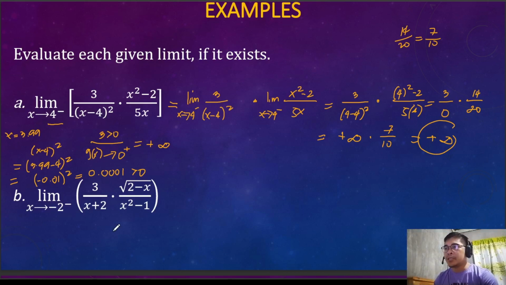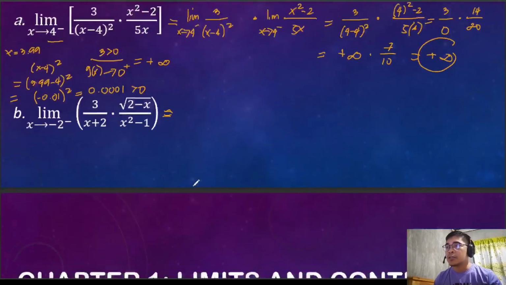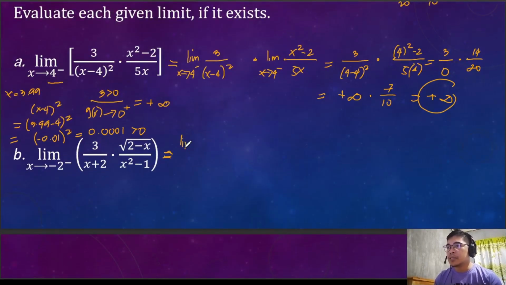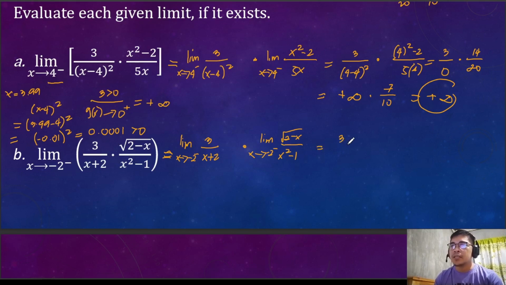Now for letter B, same thing we will do: find the limit. So the limit of 3 over x plus 2 as x approaches negative 2 from the left, times the limit of square root of 2 minus x over x squared minus 1 as x approaches negative 2 from the left. We get 3 over, what is our x?